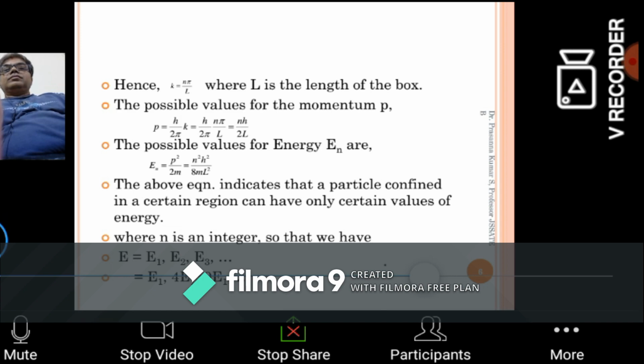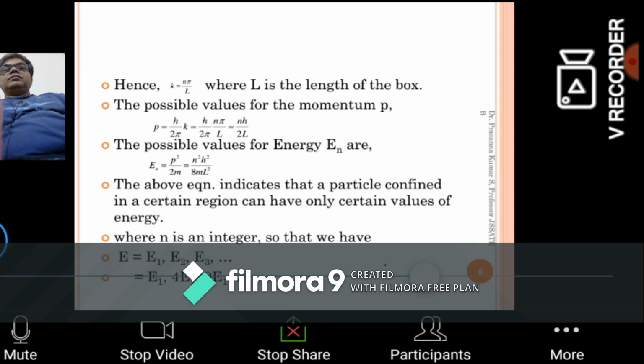So what is left over for energy? It's only the kinetic energy. That kinetic energy is given by p square by 2m. Half m v square, multiplied and divided by m, gives you m square v square by 2m. Therefore mv is p, so kinetic energy is p square by 2m.